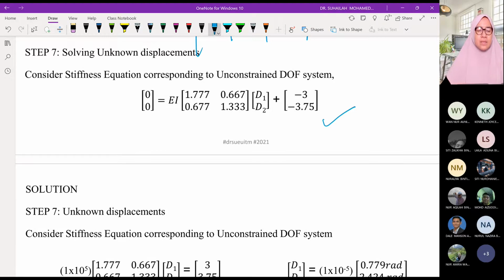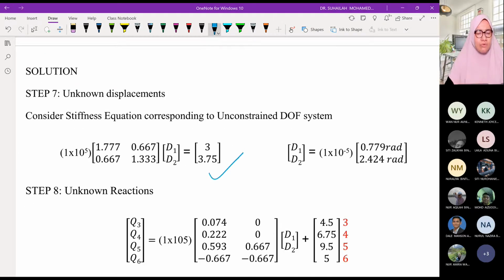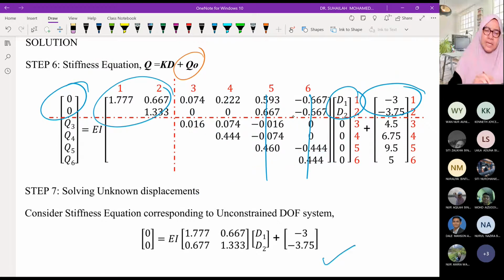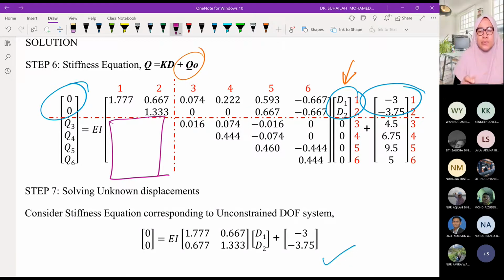Okay, we get this, and then we solve. We get D1 and D2. So once we get D1 and D2, then as usual, like the truss, we substitute back into this. Okay, we substitute back into this. We need to use the values here, which are symmetric with this.